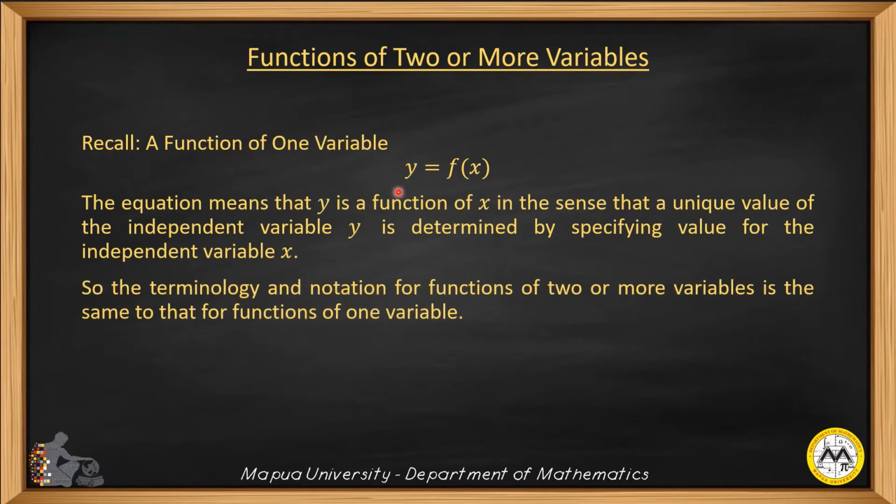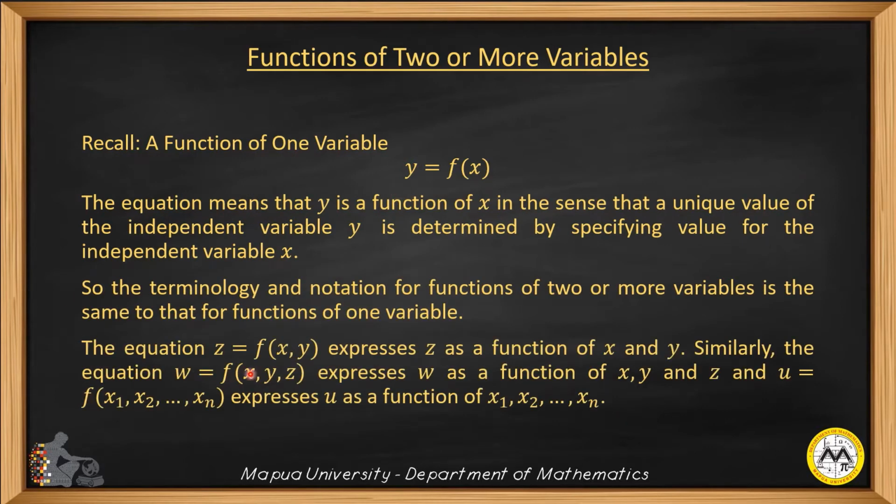So, if we are given the function z is the f function of x, y, x and y are the independent variables of this function with z the dependent variable. Or if we have the function w dependent on x, y, and z, then these three variables x, y, z are the independent variables of this function, where w is the dependent variable.